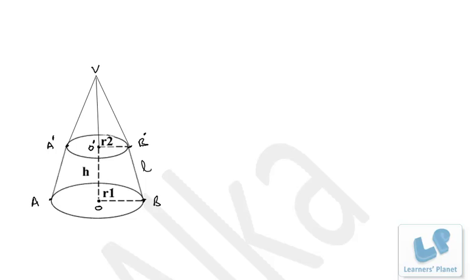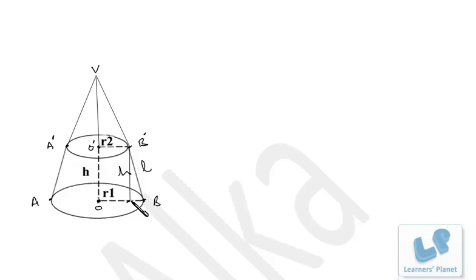Now from this point to this point, that is the height of this frustum. So that's also H. Now you can see this length is R2, this complete length is R1.